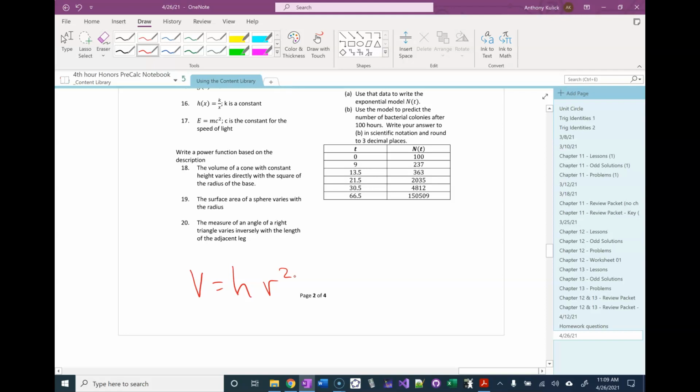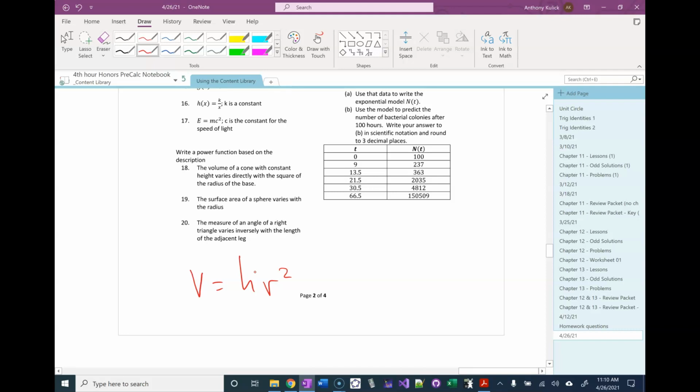Oh, so that would just be it. Yeah, I think in the answer key I wrote it with K instead of H, but who cares? It's just a letter. There's really nothing to it. It's just decoding the language. Sometimes you just need to talk it through, right?